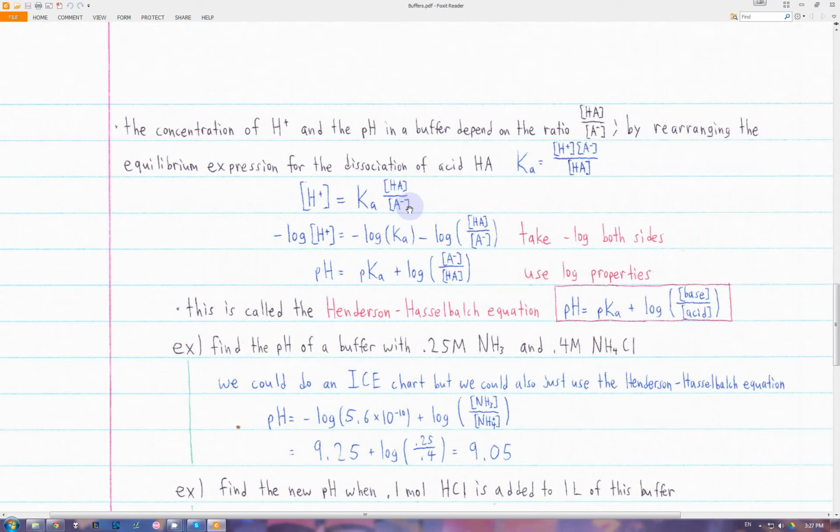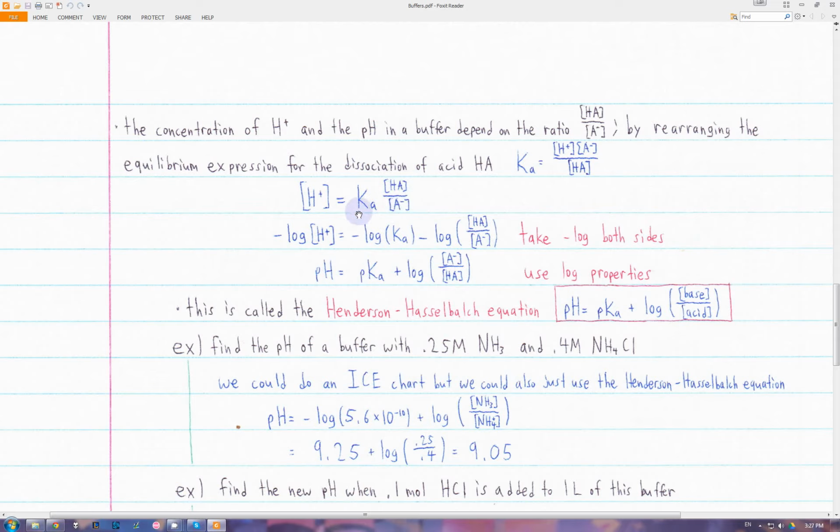It did not change very much after we added the hydroxide ion. So we do not want this ratio to have a significant change. If this ratio of the concentration of the weak acid to its conjugate base does not change very much, then the pH will also not change very much.